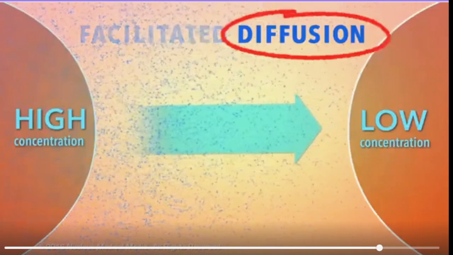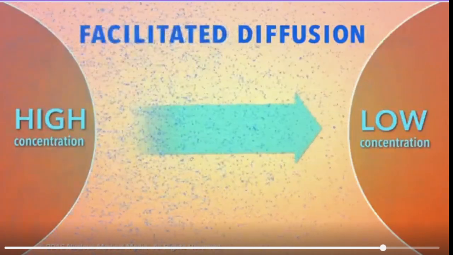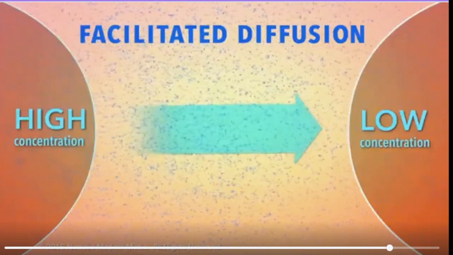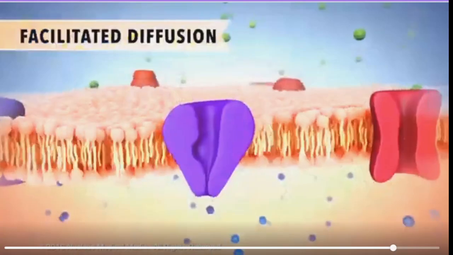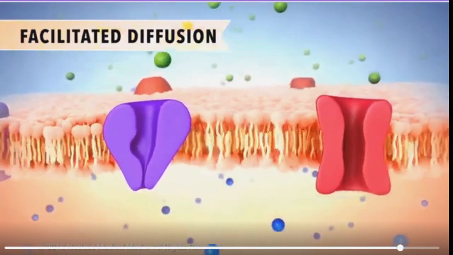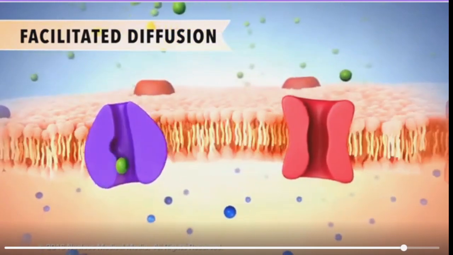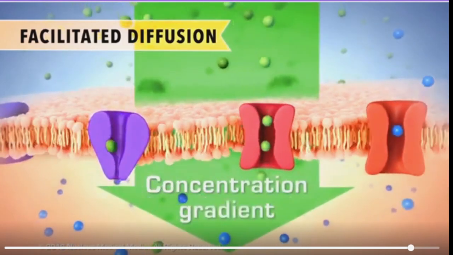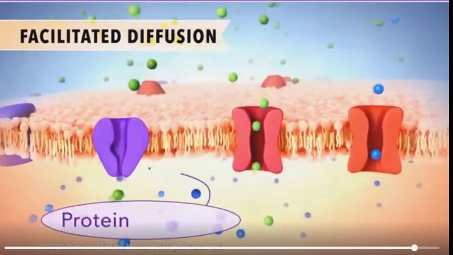From the word diffusion. Facilitated diffusion works naturally, without added energy, just like the diffusion example we discussed earlier. But facilitated diffusion generally happens with particles a bit larger than those that can seep through the cell membrane's phospholipid layers. So they move in or out of the cell along the concentration gradient in a specialized way, through protein channels.